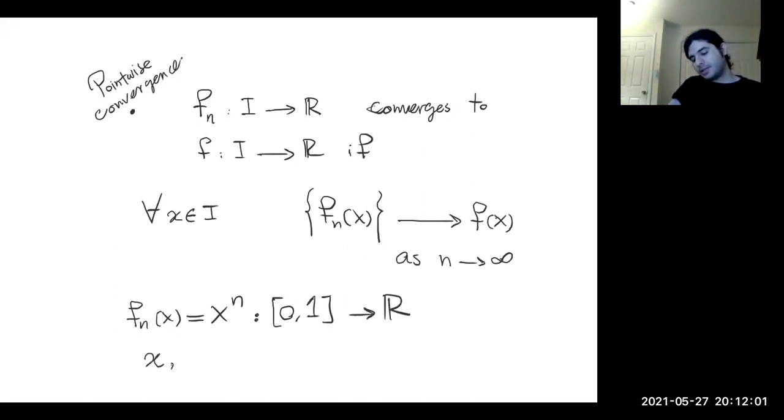The second element is x squared, x cubed, etc. If we look at the graph of these functions, the first function is like this. The second function is like this. The third function is like this. X to the 4 is like this, etc.